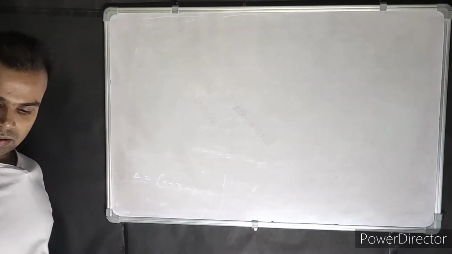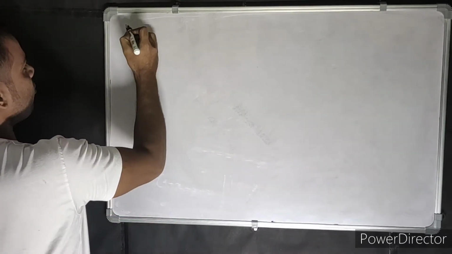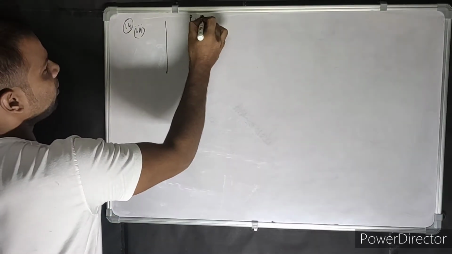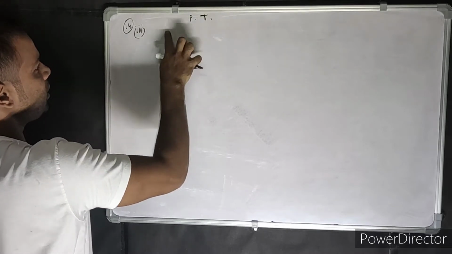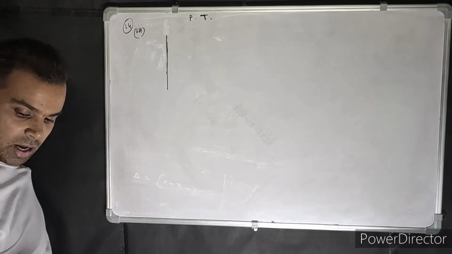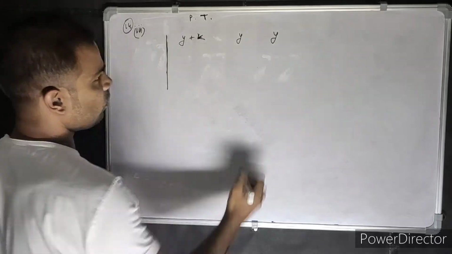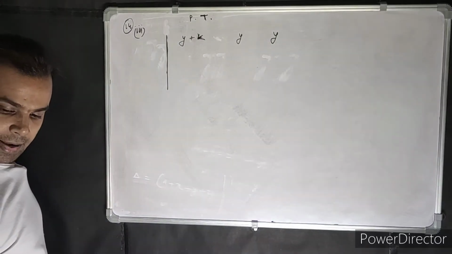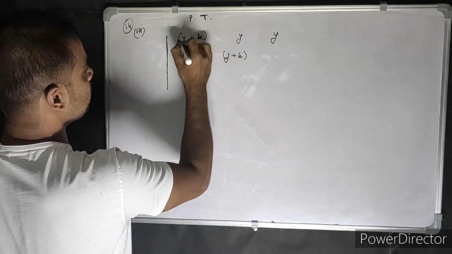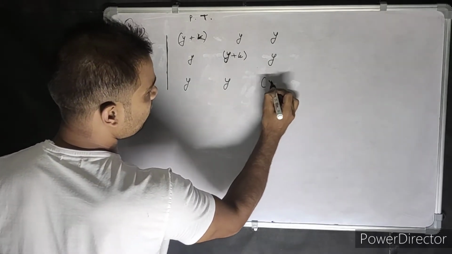Next question, students, question number 14 part 3. What is it? It is saying prove that, again prove that, the determinant with rows y plus k, y, y; y, y plus k, y; y, y, y plus k.